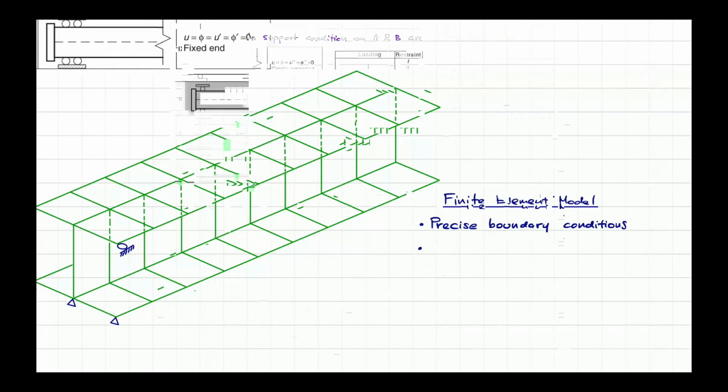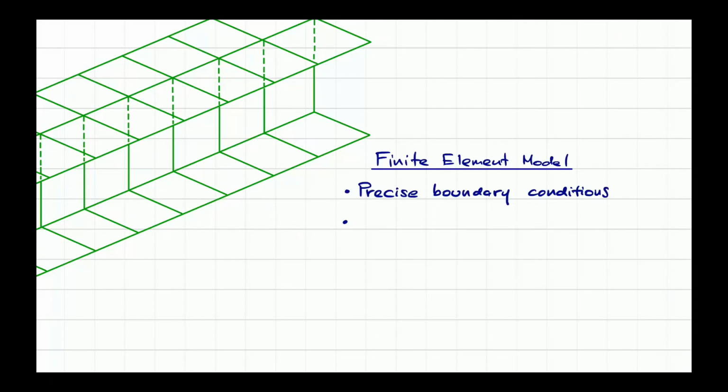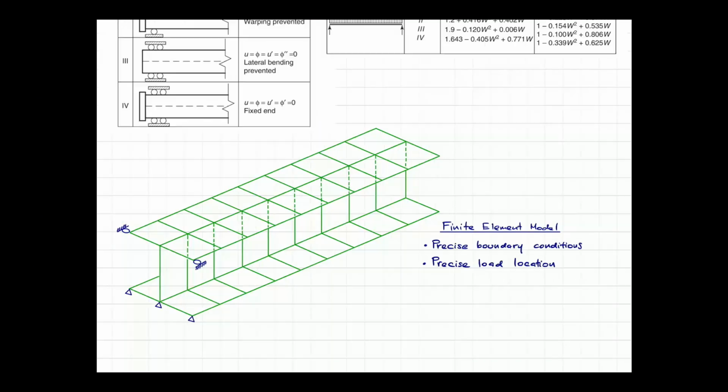Second, precise load location is also the case. Thus, you will be able to do all the things you want in the finite element model.